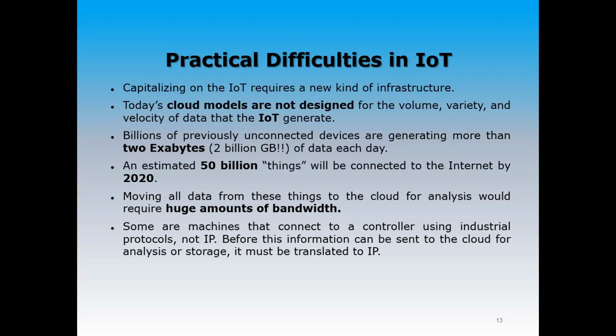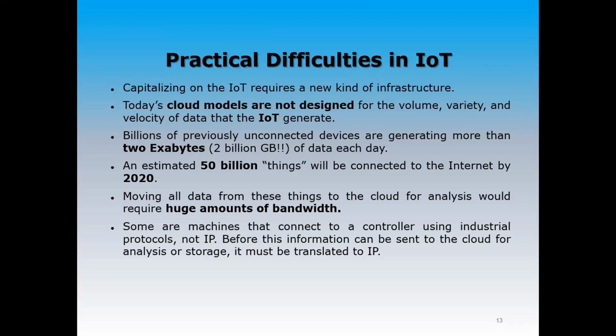With billions of devices getting connected, you are going to generate around 2 exabytes of data every day. Think about a situation where I need to monitor the power line, or monitor the power being distributed in a particular locality. On a continuous basis, if I am going to monitor and do the analysis, this data has to be monitored and sent to the internet on a daily basis without any stop.